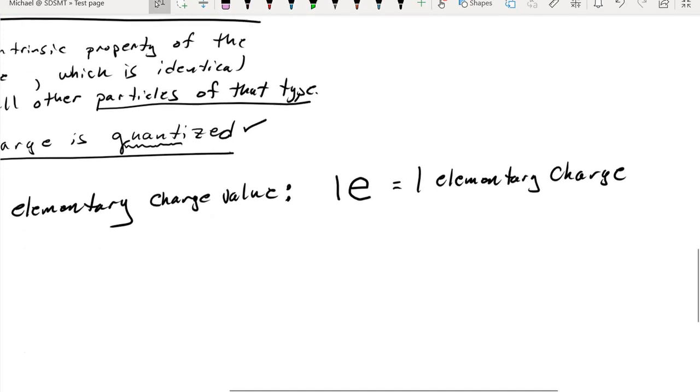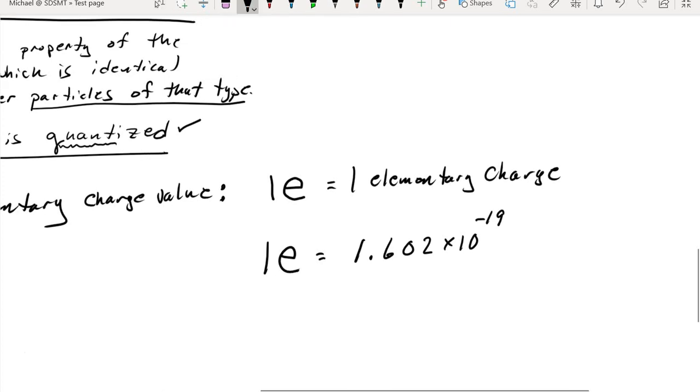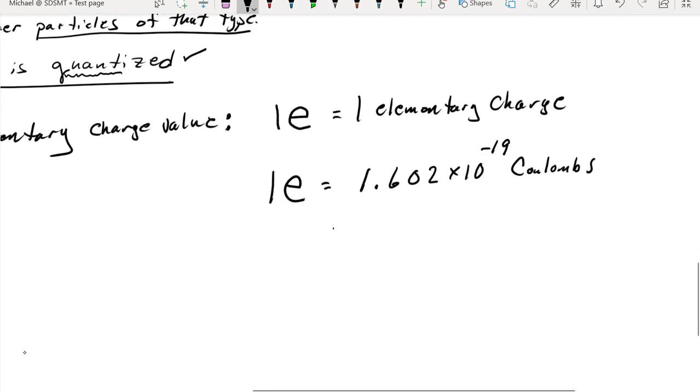And the value of that elementary charge is 1.602 times 10 to the negative 19 coulombs. So our unit of charge is a coulomb, capital C for short.